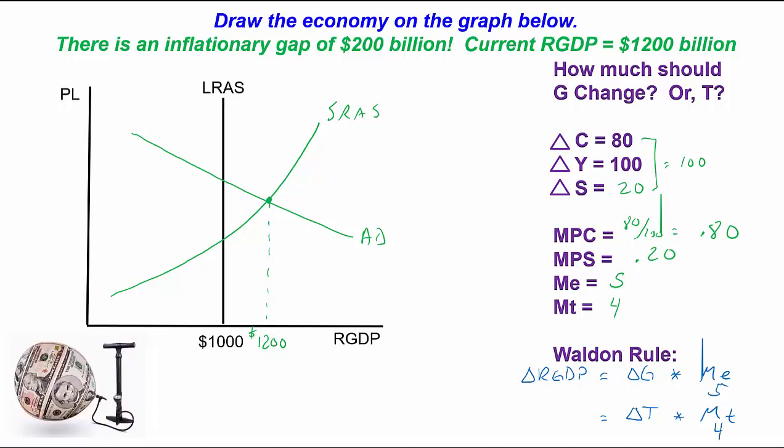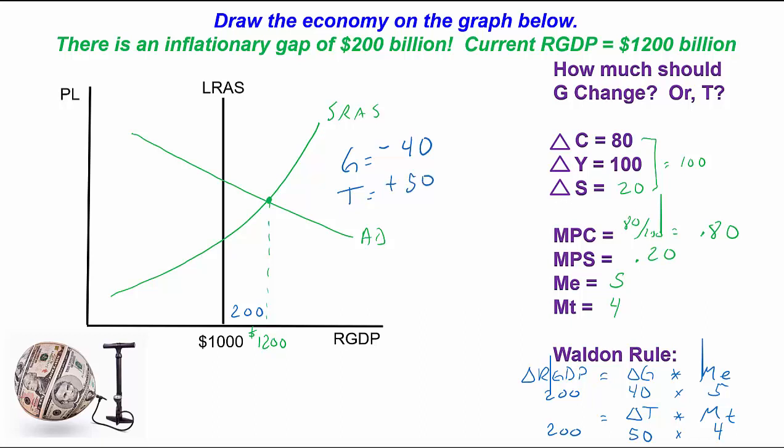Tax multiplier is 4. In both cases, we want to shrink GDP by 200 because that's our gap this time. So 5 times what equals 200? I got 40. So we would decrease government spending by 40, or you could raise taxes by 50.